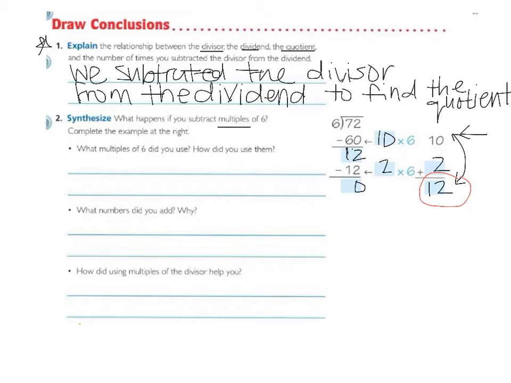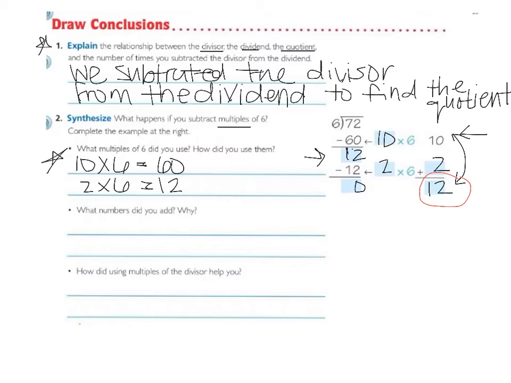Okay, so number 2 says, what multiples of 6 did you use and how did you use them? Well, we used 10 times 6 equals 60 to take out the biggest chunk first, and 10 is always a good place to start. And then when we saw that our number was much smaller, when we were only at 12, then we used 2 times 6 equals 12 to take out our remaining pieces.